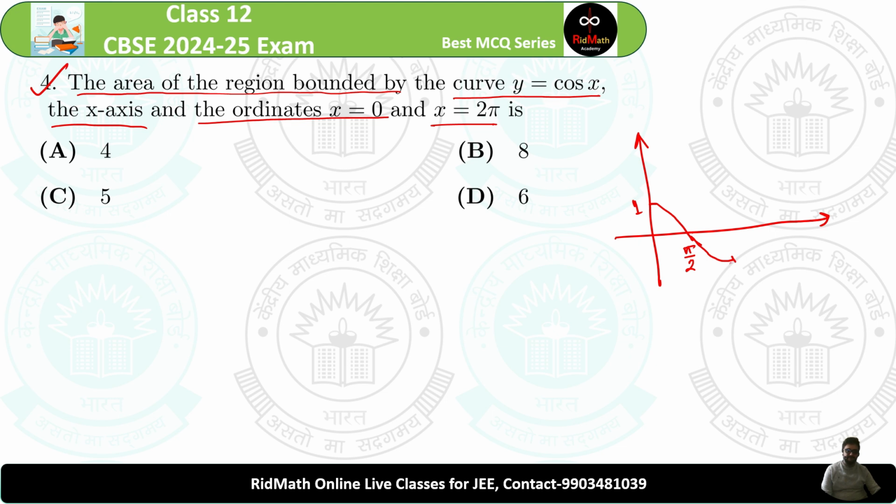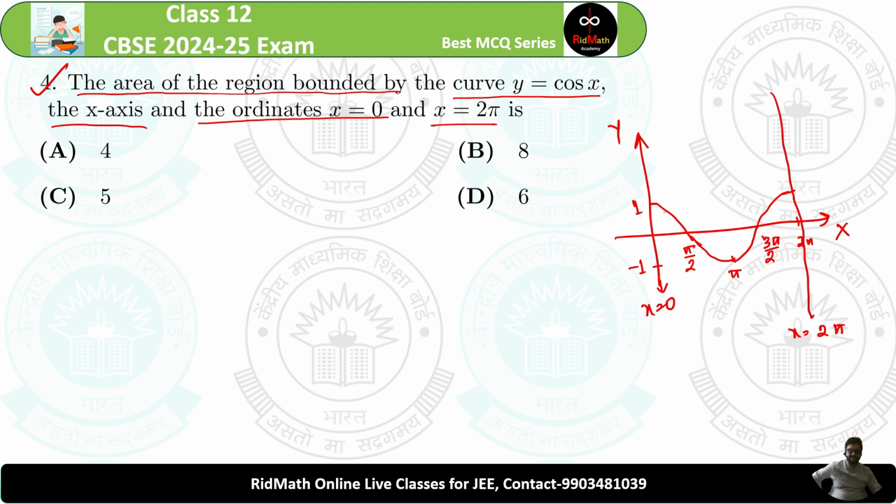This is cos pi, this is minus 1, this is pi, again this is pi by 2, 3 pi by 2, this is 0, and then this is 2 pi, this is again 1. So this is the x equal to 2 pi ordinate, this is the y axis, x equal to 0 ordinate, and the x axis is this.